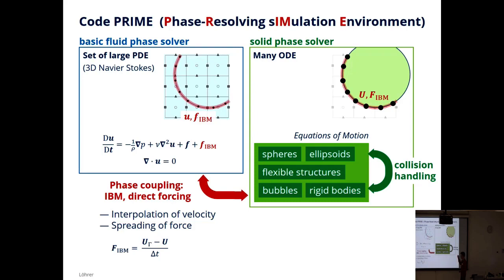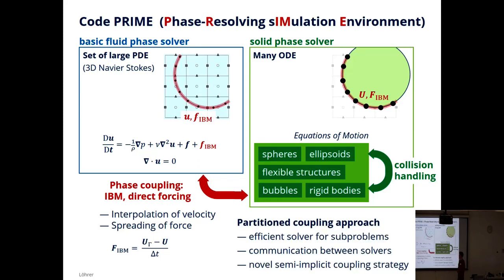This is done by computing the force that is necessary to correct the fluid velocity field, and this force, this IBM force, is then introduced into the fluid field. This method can easily be extended to handle many different dispersed objects. And we have implemented spheres, ellipsoids, bubbles, flexible structures, and rigid bodies of arbitrary shape.